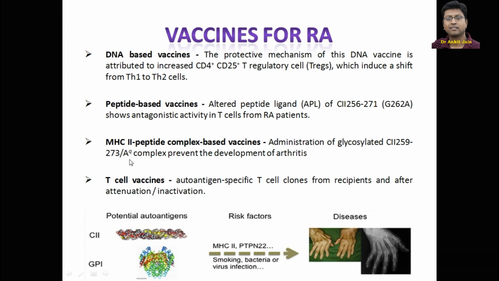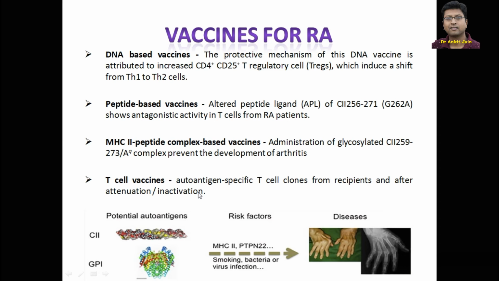The third one is the MHC class II peptide complex based vaccine. In the MHC class II peptide complex, this antigen binds to the MHC class II. So the scientists changed the amino acid sequences at 259 and 273, and glycosylated them, so it will reduce adherence to the MHC class II peptide. Now the next vaccine is the T cell based vaccine.